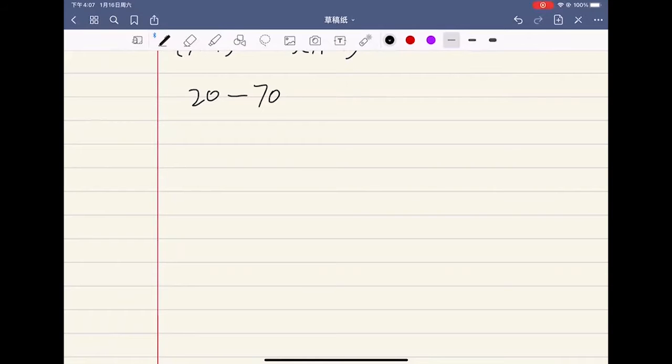First condition: this year my age times 4 equals my mom's age, which means her age this year is divisible by 4. Do you get this logic?